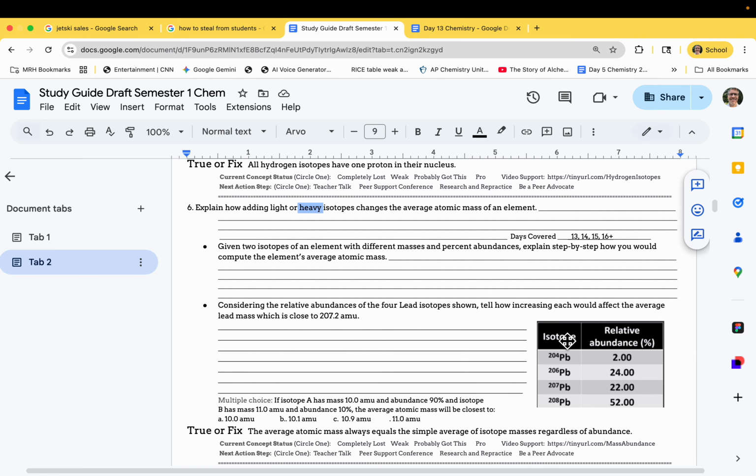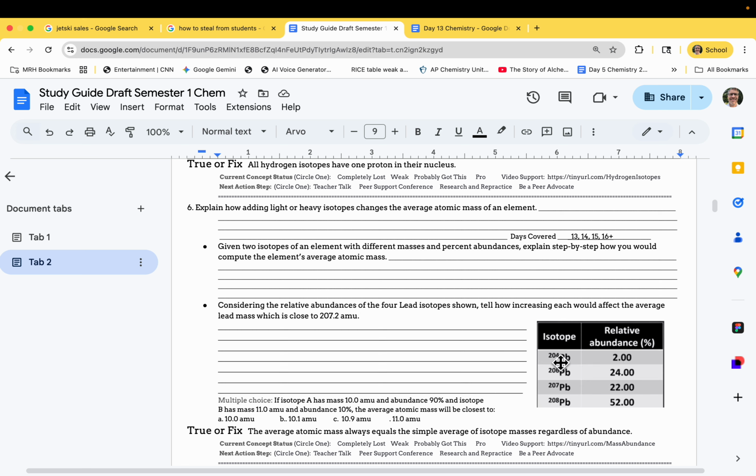So, for instance, here is lead, which has an average mass of 207.2 atomic mass units. So lead atoms are heavy. 207 mass units is a lot. On average, their mass is 207.2. Why is there a 0.2 there? Well, because some of them have more particles than others. So that 0.2 means on average, how much do they weigh?